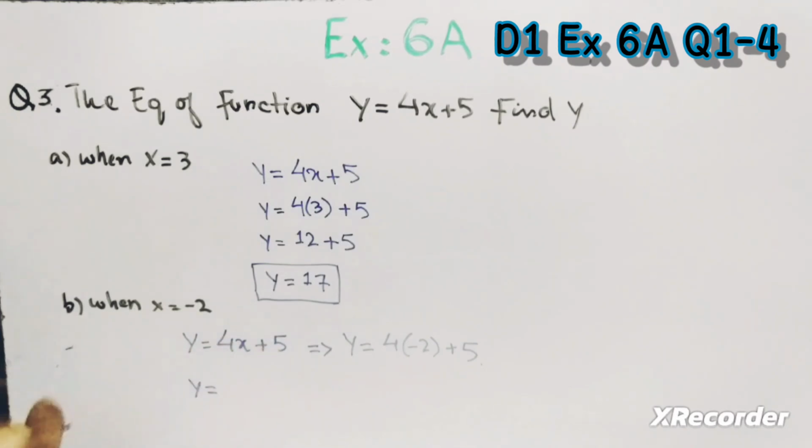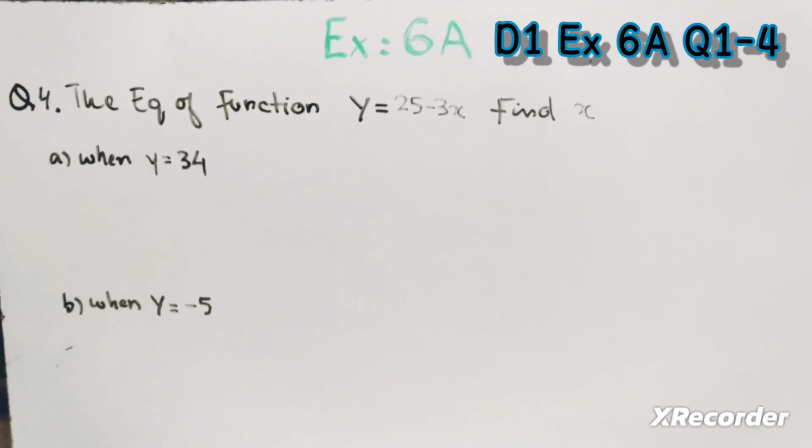Now 4 times -2 is -8. -8 plus 5, and then we solve it. -8 plus 5 is -3. That is our required answer.